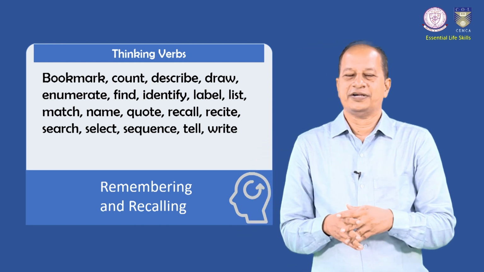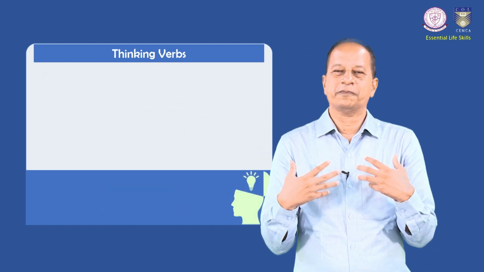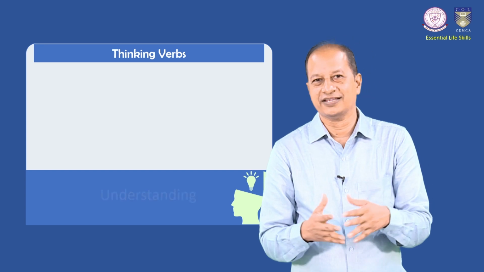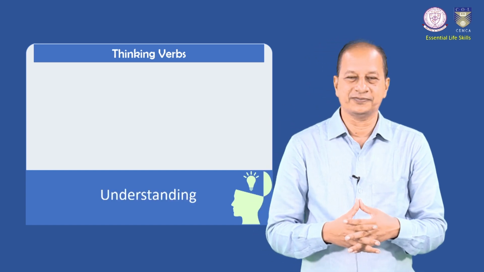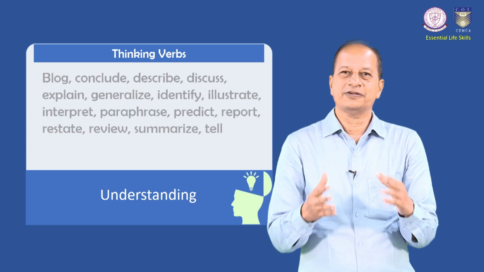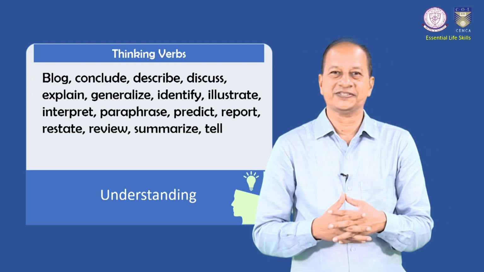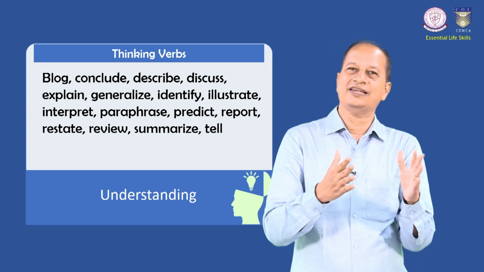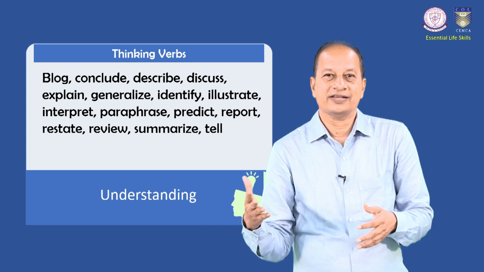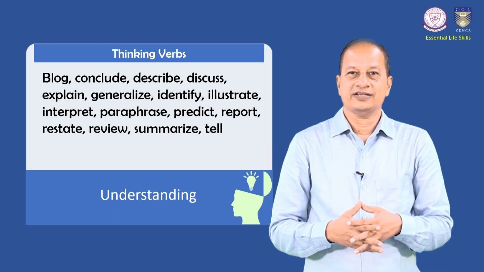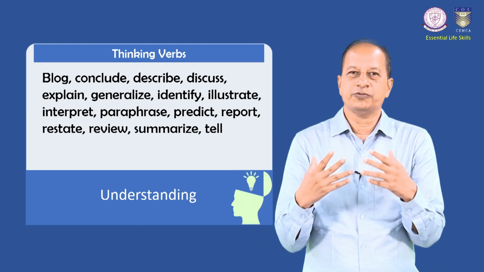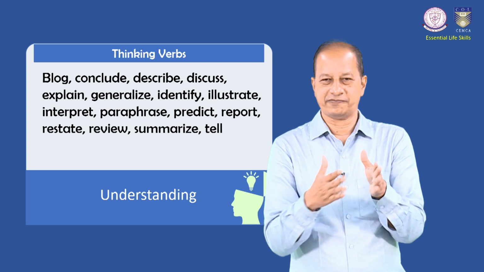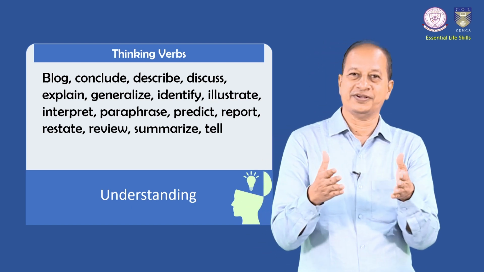Similarly, if we have to talk about understanding, the important thinking verbs can be concluding, describing, discussing, paraphrasing, illustrating, interpreting, reporting, summarizing. All these verbs will show that we have understood something very, very well.